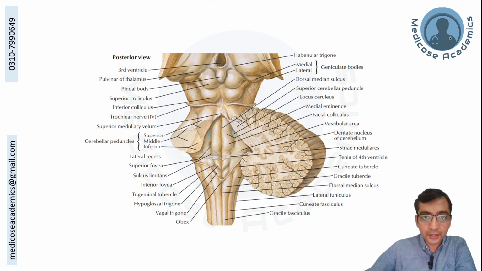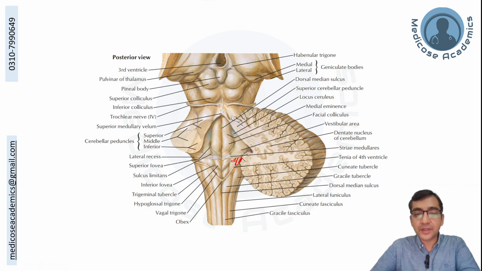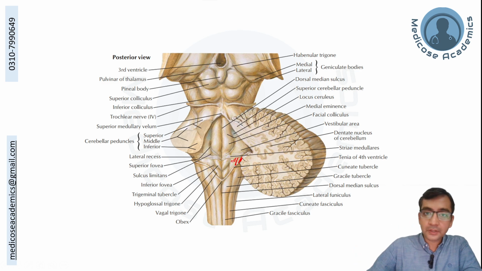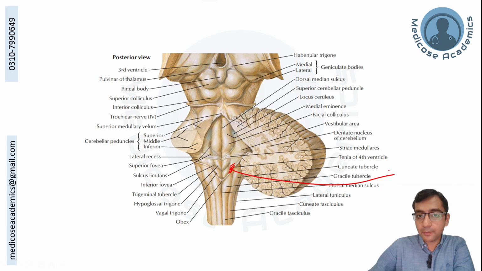And then somewhere here is the vestibular area. Behind that, the vestibular nuclei are present. And just below, somewhere here, is the area postrema, which is not labeled here. That is the area postrema.